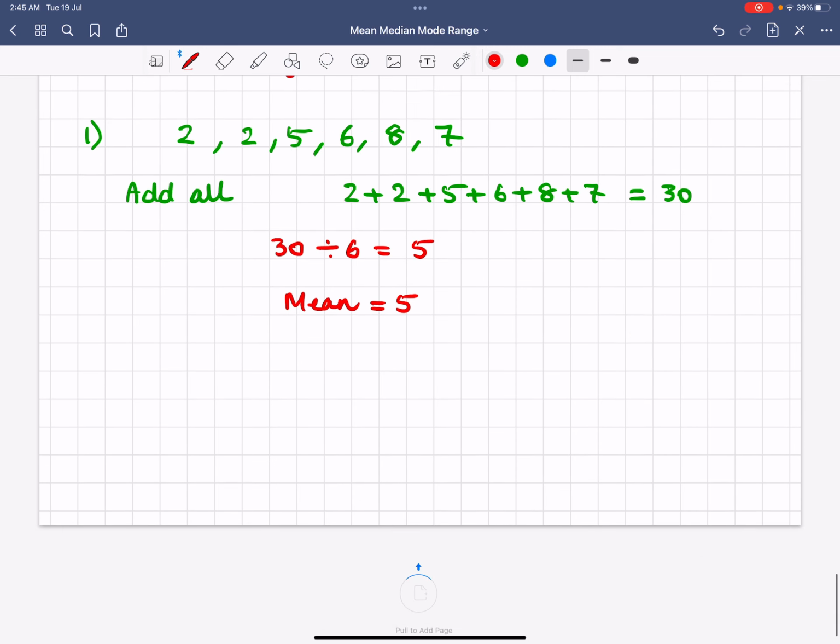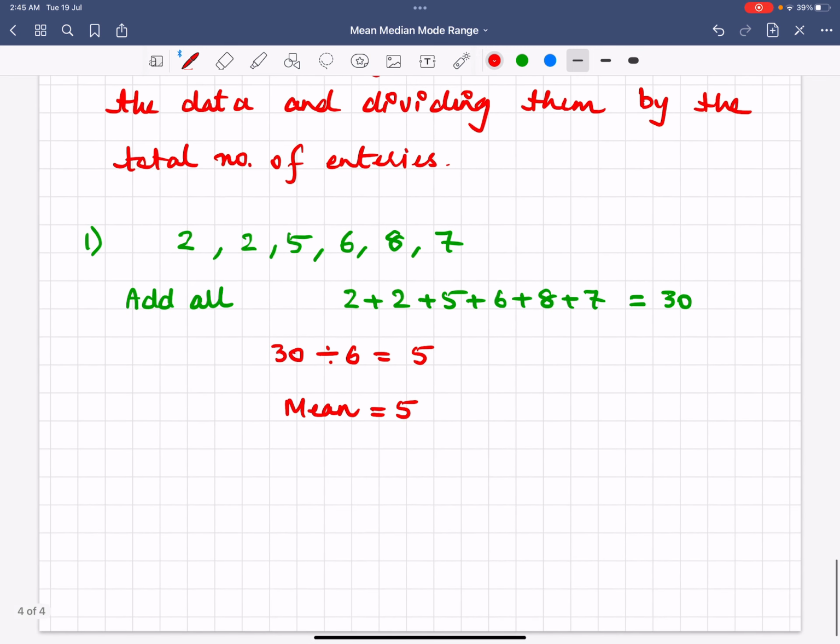Let's try another example. Question number 2. So we have the numbers 10, 12 and 11. The first step that we need to do is add up all the numbers. So we add up 10, 12 and 11. When we add all of these, we get 33.